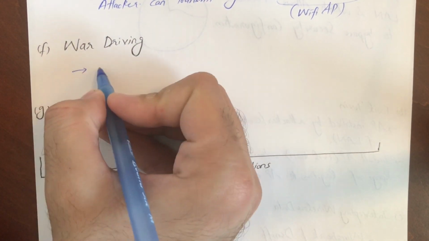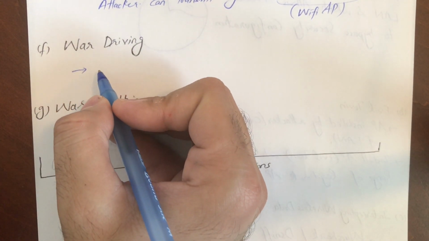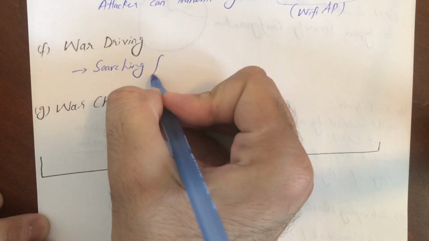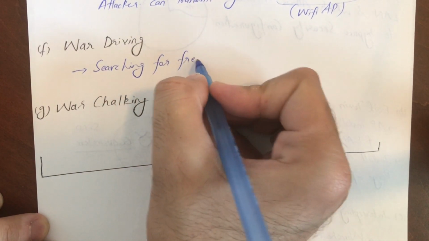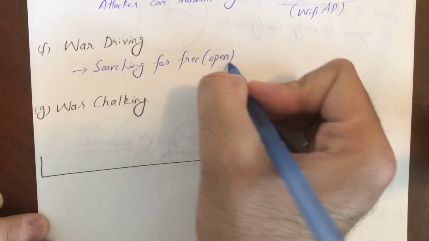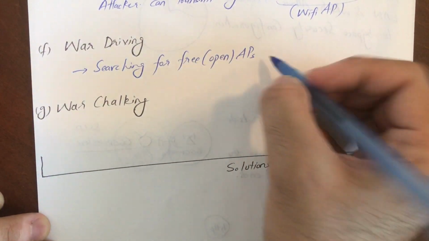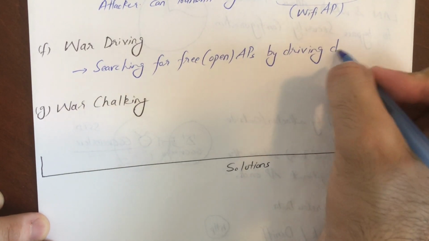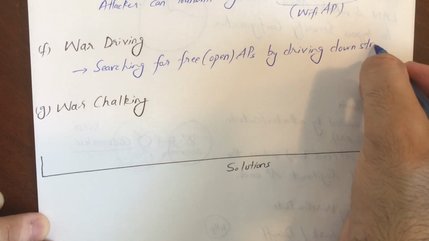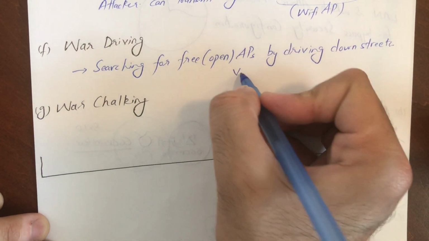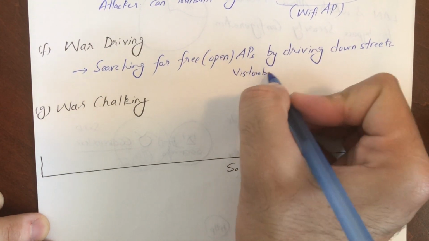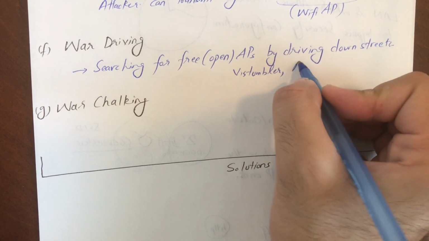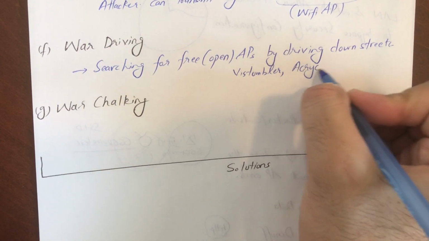War driving is where attackers search for free, or open, access points by driving down streets. They use software like Tumbler, and there is also Acrylic Wi-Fi.